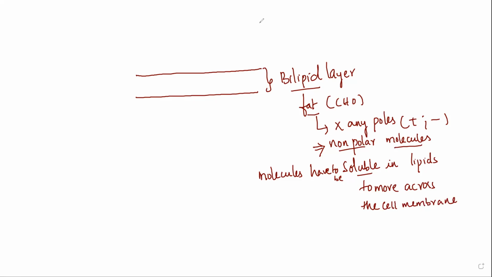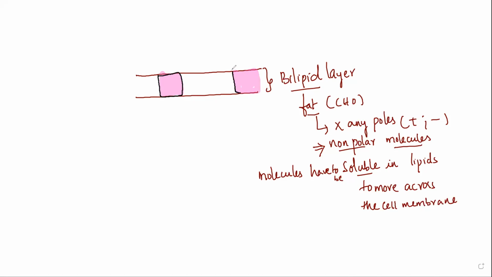But we know that in a bilipid layer, there are even some integral membrane proteins which are present. For instance, if you want few of the things to move across through your membrane, but if that is going to be polar, then how will it be possible for them to move? So that is also one condition.